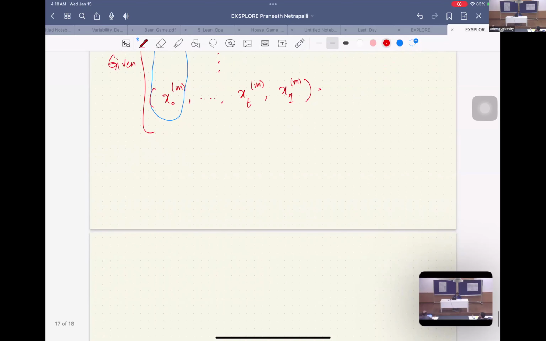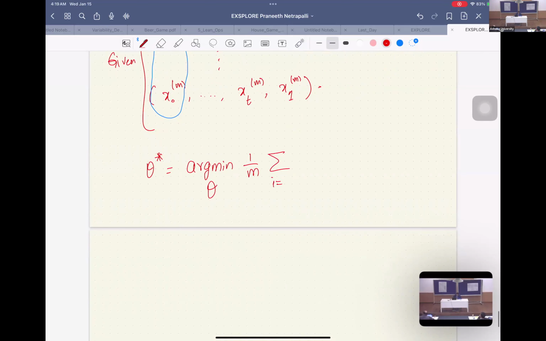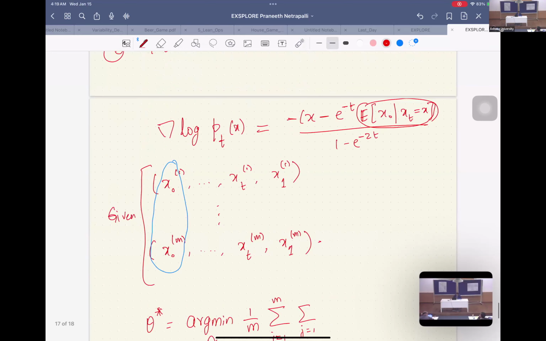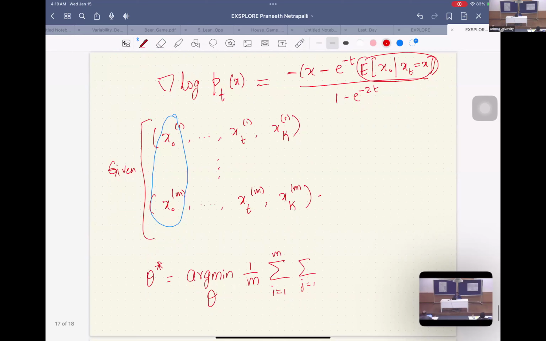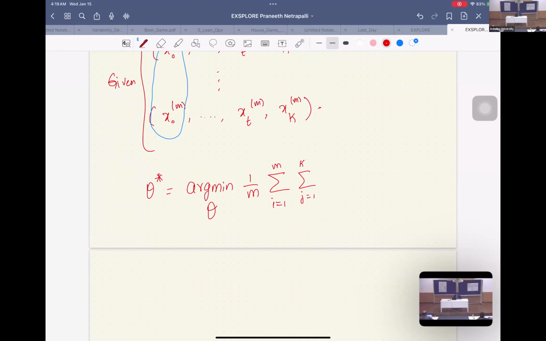Then we want to learn a neural network or some other model with parameters theta star, which is argmin over theta of 1 over m summation i equal to 1 to m and summation over t equal to 1 to k, where k is some very large number.